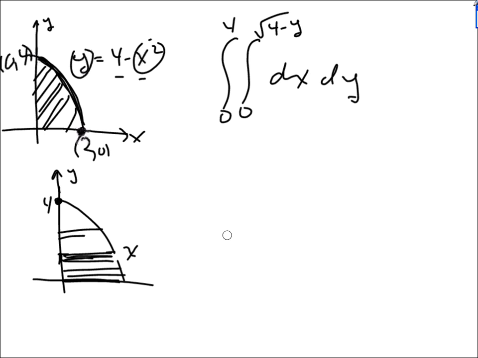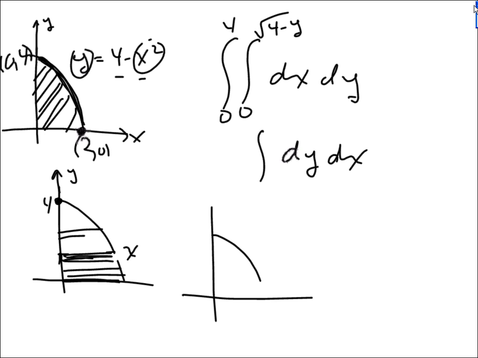Let us do it the other way. Suppose I wanted to integrate where I had dy dx. Remember, the y value is always 4 minus x squared. So what does y go from? Well, down here it's 0, and up here it's y, which we call 4 minus x squared.